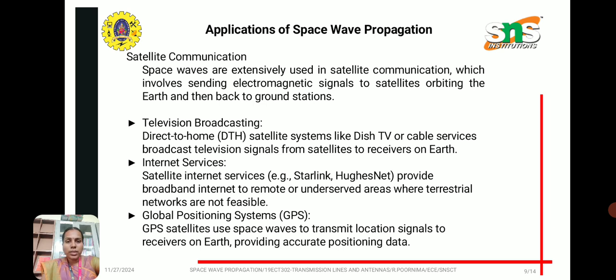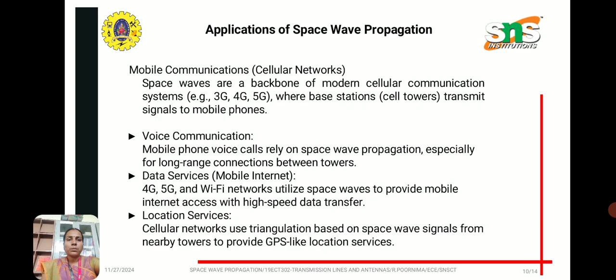Satellite internet services like Starlink, HughesNet provide broadband internet to remote and underserved areas where terrestrial networks are not feasible. And global positioning satellites use space waves to transmit location signals to receivers on the earth, providing accurate positioning data.